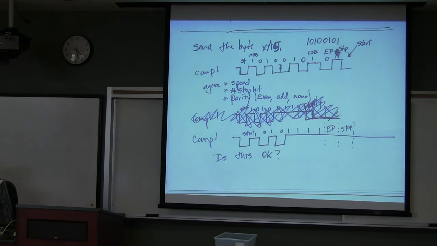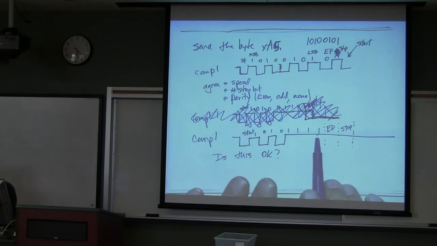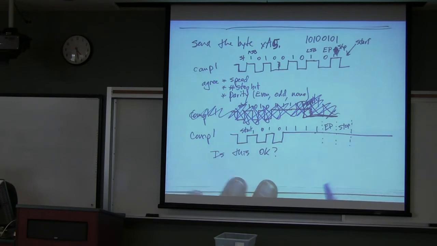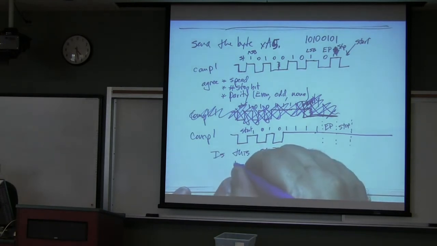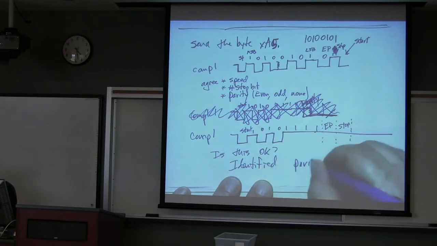Even though I'm expecting even parity, with 1, 2, 3, 4, 5, 6 bits, I would expect my even parity bit to be a 0, but it's stuck at 1 because there's some sort of communications fault. So this would be identified as a parity error.